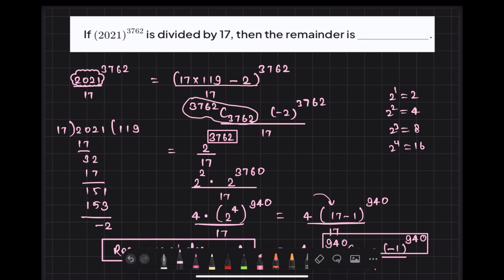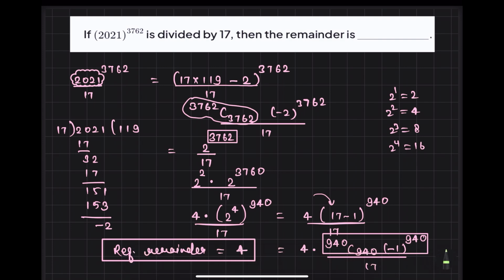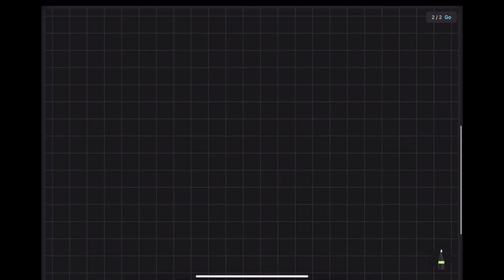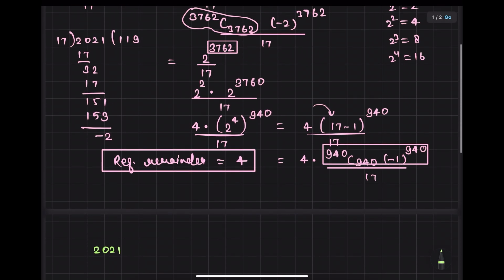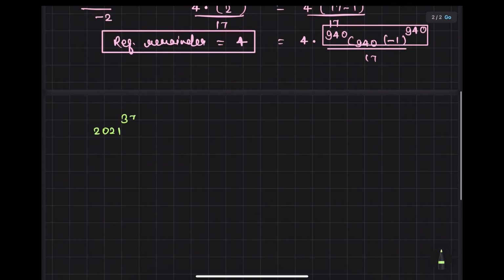Now look at this. Now we will take help of Fermat's Little theorem. In Fermat's Little theorem, you know that you have to divide the number by a prime number. So look at this, 17 is a prime number, so it's okay, Fermat's Little theorem is valid here. So the question was 2021 to the power 3762 divided by 17.